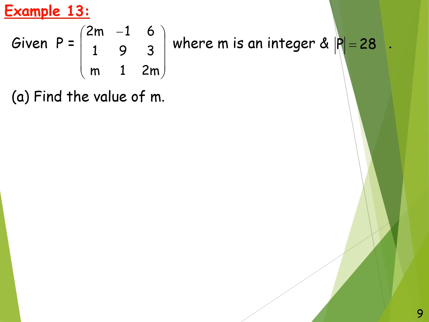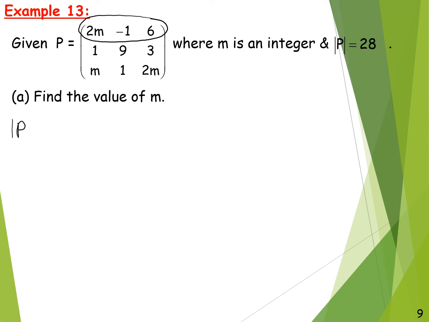Example 13. Given P is the matrix 2m, -1, 6, 1, 9, 3, m, 1, 2m, where m is an integer, and given that the determinant of P is equal to 28, find the value of m. Since we are given the value of the determinant, we can find the determinant of P by, let's say, choosing the first row.